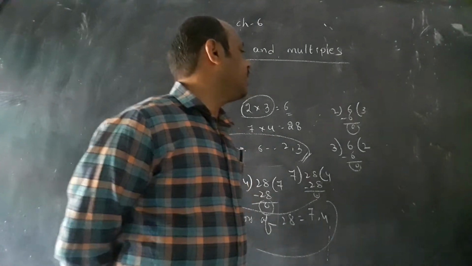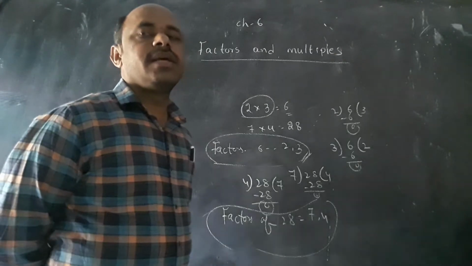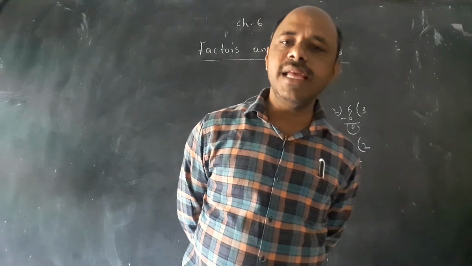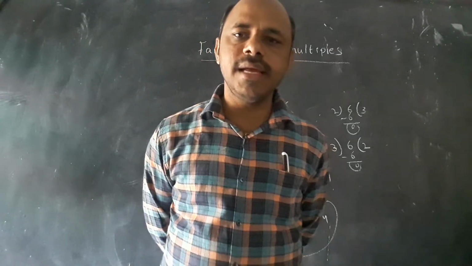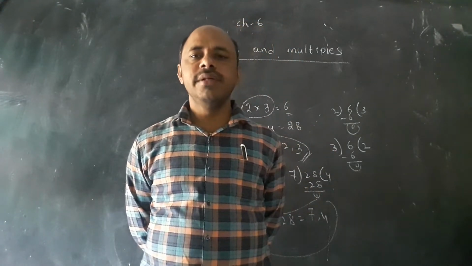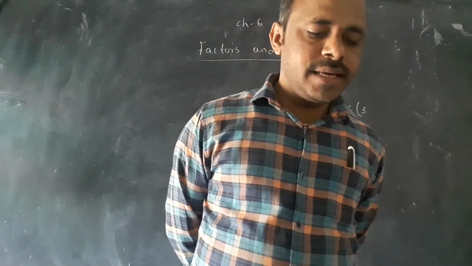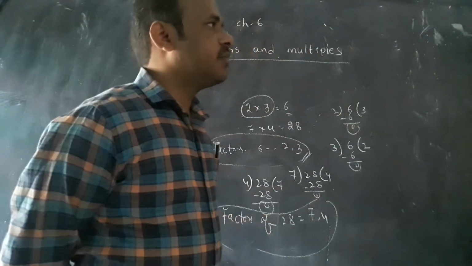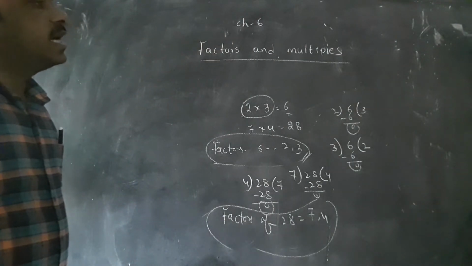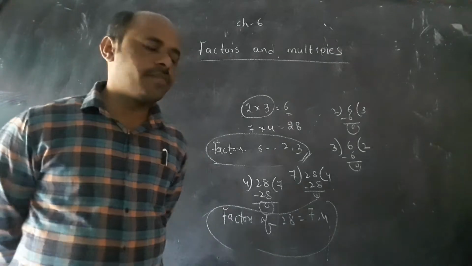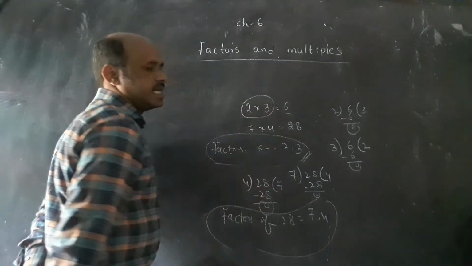The next is multiple. What is a multiple? Whenever we are multiplying two numbers, we will get the product. That product we got is a multiple of the two numbers. For example, 2 3s are 6.